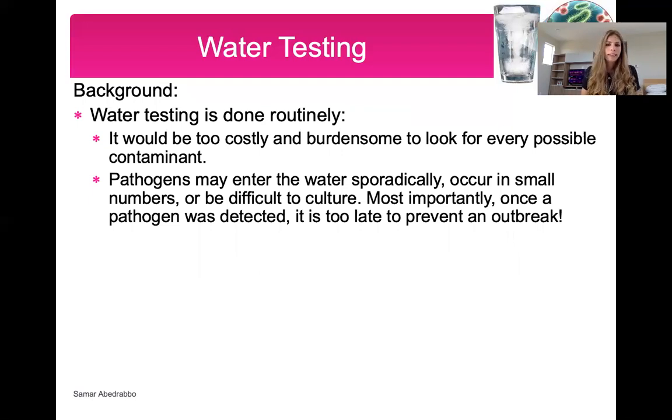And pathogens can enter the water at any time. They can be very difficult to culture in lab, even if we had the mechanisms. And most importantly, once a pathogen is detected in water, it's usually causing an outbreak. So we want to try to test the water continuously before pathogens are there. And again, we cannot possibly test for every pathogen.